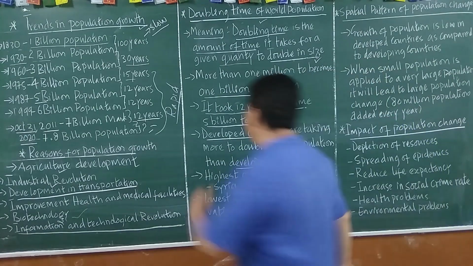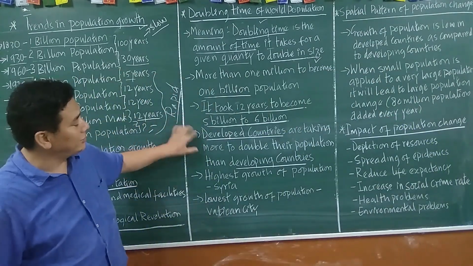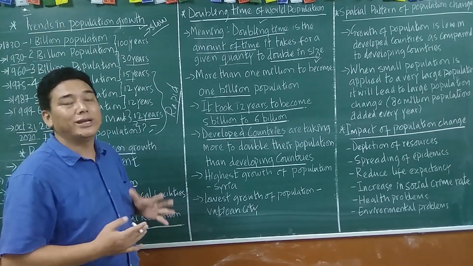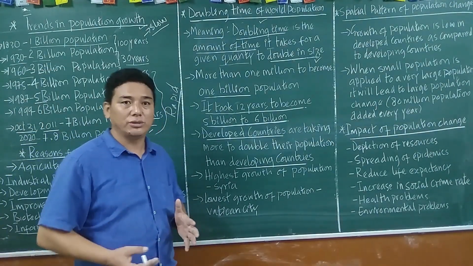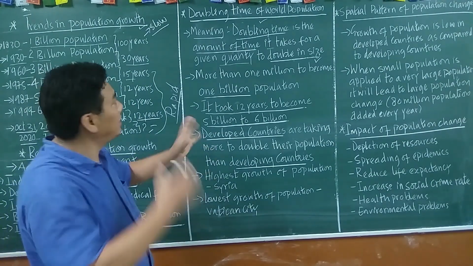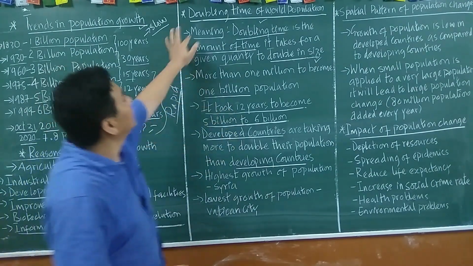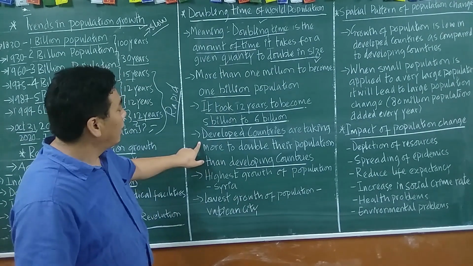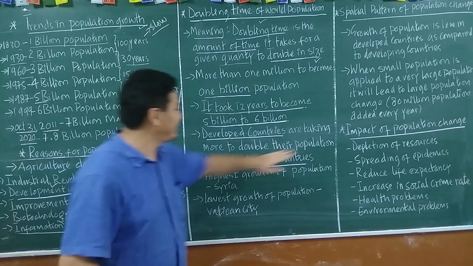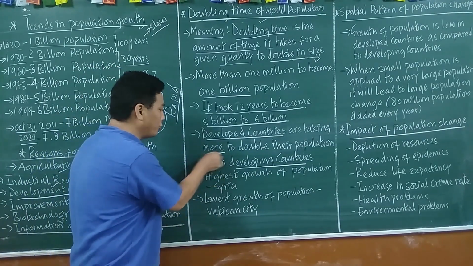And from here, is the doubling time of population more in a developed country or a developing country? From this statement, it gives out the whole thing about the doubling time of population. Developed countries are taking more time.